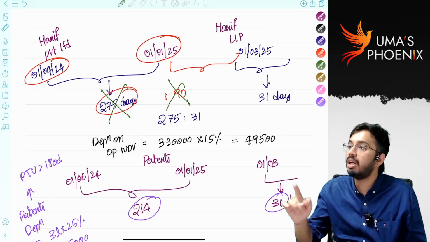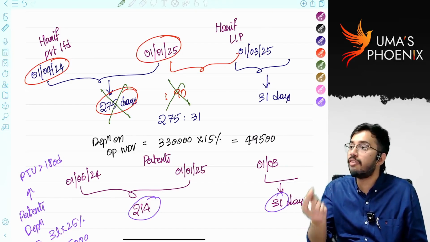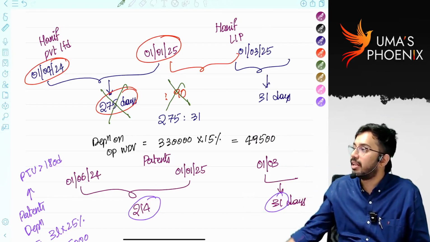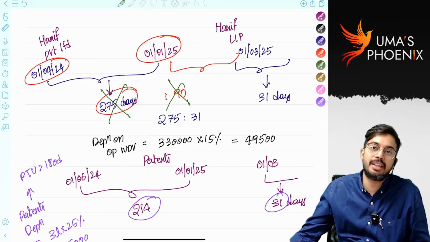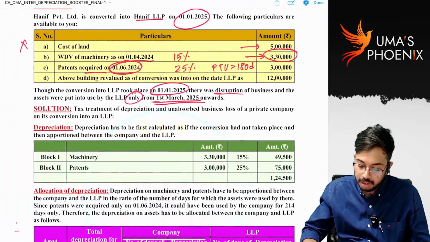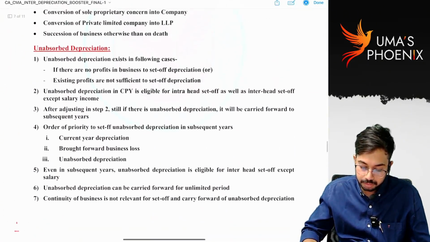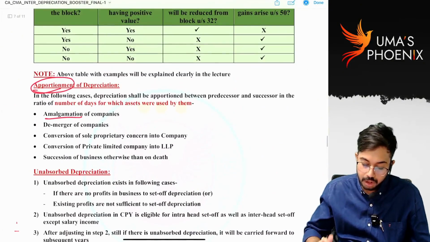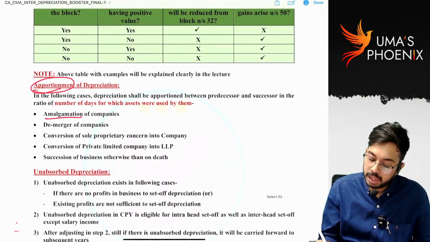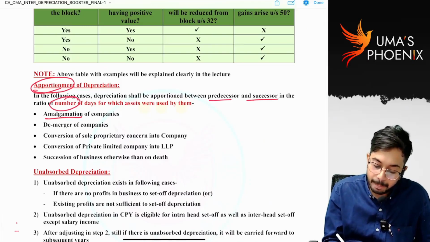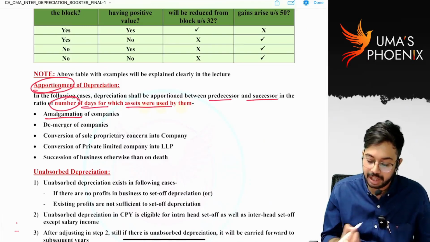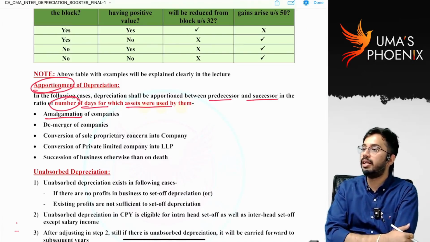You should apportion based on the number of days of usage by each person. So apportionment should happen based on usage. It is apportioned between predecessor and successor in the ratio of the number of days for which assets were used by them. Is it clear?